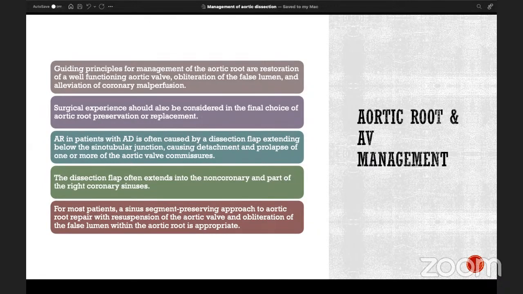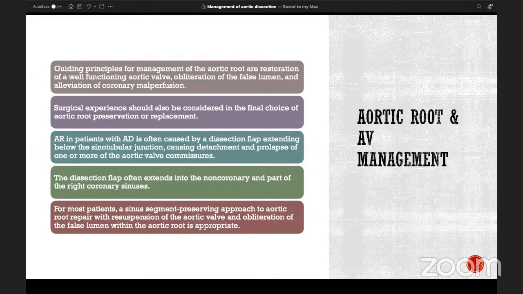And it's very important when considering your repair strategy for the root to keep in mind your surgical experience, because some replacement or repair strategies may need a more experienced surgeon to obtain a good result.